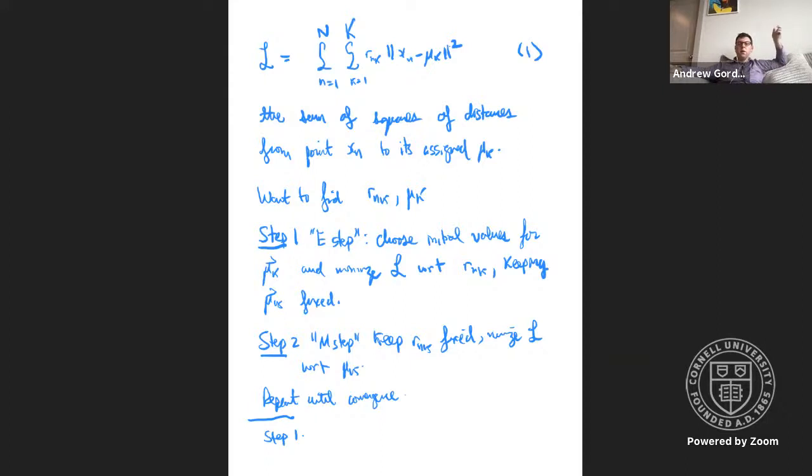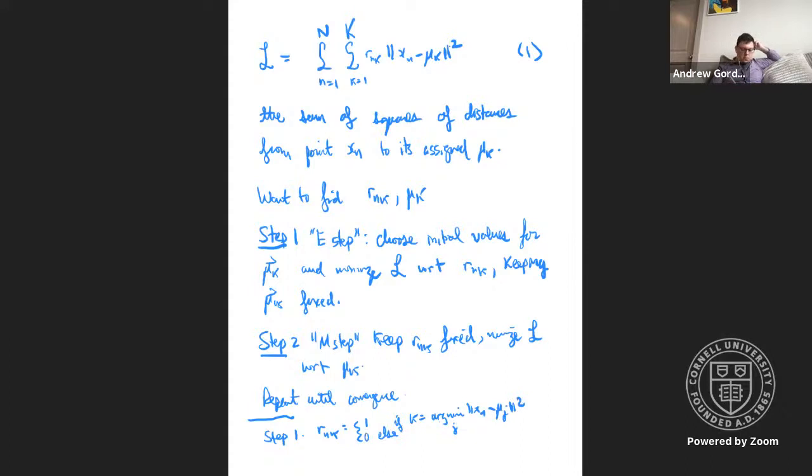And we'll make it 0 for all the other ones, because some of these distances are really big and we want the indicator to be 0 in that case. In other words, assign data point xn to the cluster which has a prototype mu k which is closest in Euclidean distance, in squared distance, to xn. Okay, so that's pretty simple. So we get Rnk equals 1 if k equals argmin over j of xn minus mu j squared, and 0 otherwise.